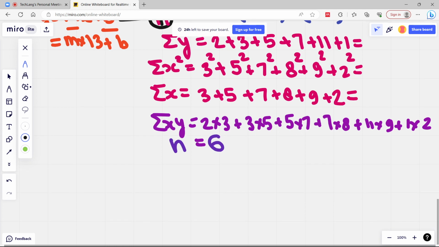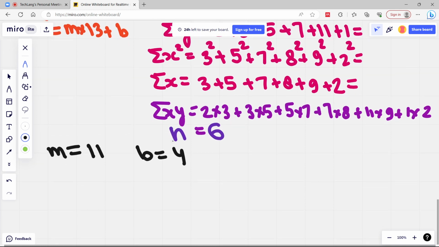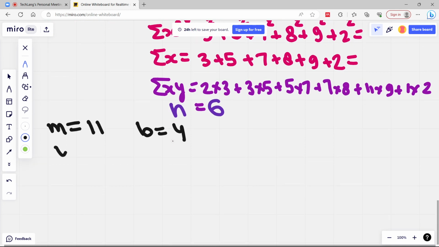Now let me assume that we are calculating the value of m. Let's say this is the value, like 11, and for b I am getting a value of, let's say, 4. This is my assumption, not the exact value. So what would be the value of y? The line equation would be 11 times x plus 4.